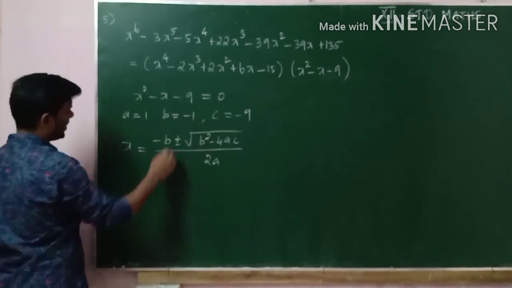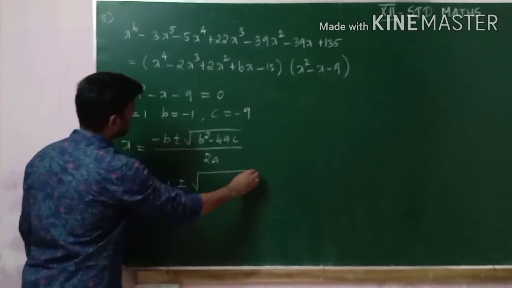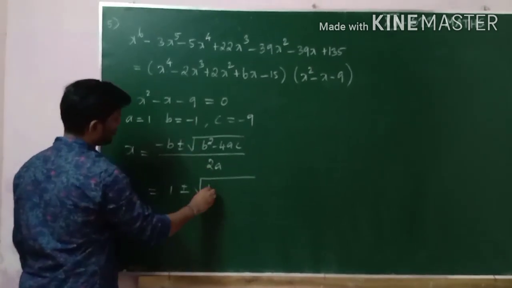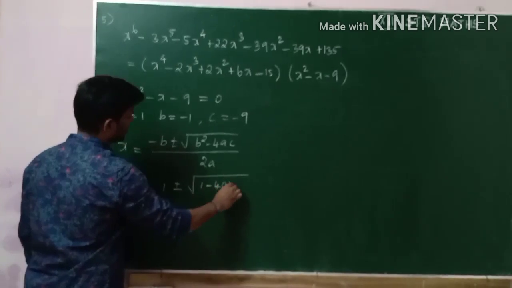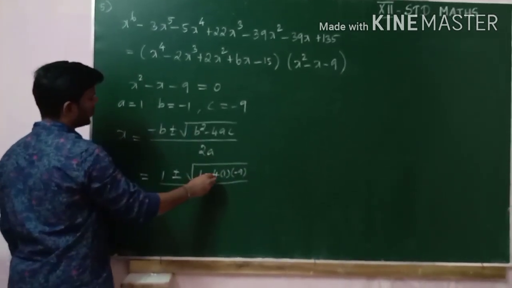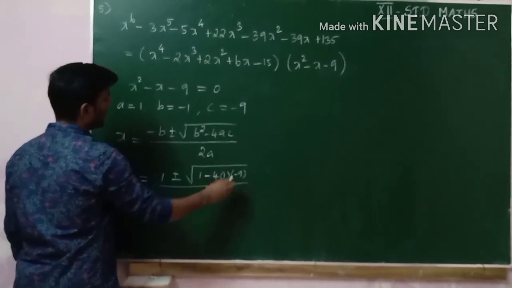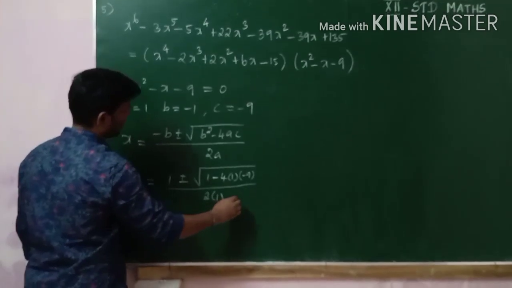So minus b, minus of minus 1 is plus 1, plus or minus square root of b square, minus 1 square, plus 1, minus 4 into a into c. A is what? 1. And c is what? Minus 9, by 2a, 2 into 1.